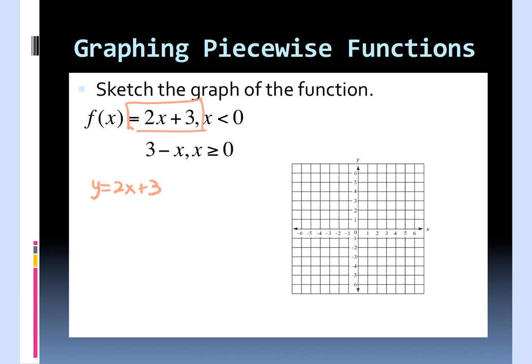What kind of graph is that? Line, good. I would start at positive 3, and then I would go up 2 into the right or down 2 into the left, and I would draw my line. That would be if it was by itself. Then I look at the range I actually want to keep the graph of, which is x less than 0.